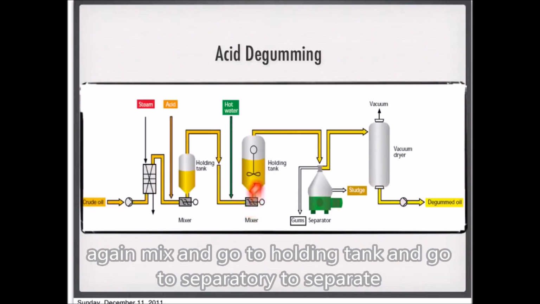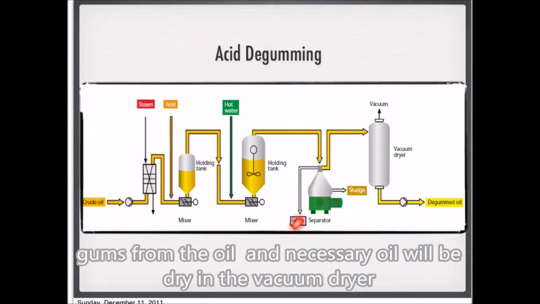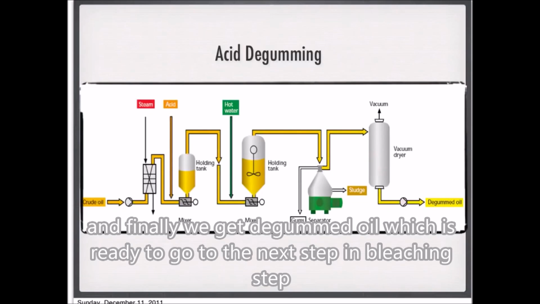Again, mix and go to the holding tank, and then to the separator to separate the gum from the oil. Again, if necessary, the oil will be dried in the vacuum dryer, and finally we get the degummed oil, which is ready to go for the next step, which is the bleaching step.